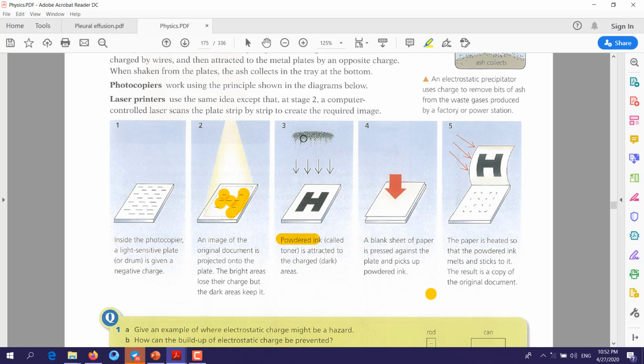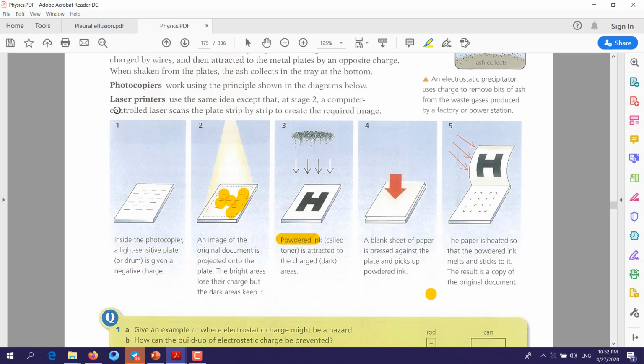Then the ink, as a powder, is attracted to the charged area, then a blank sheet is pressed against this one, and at the end you will get a copy.